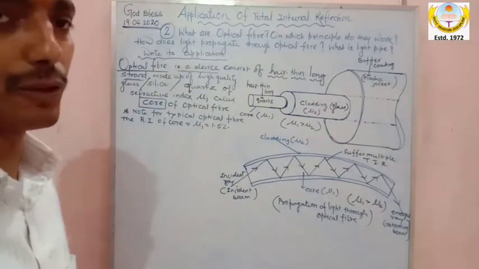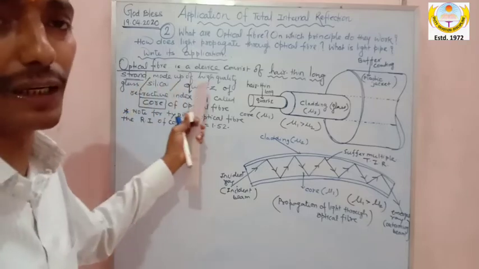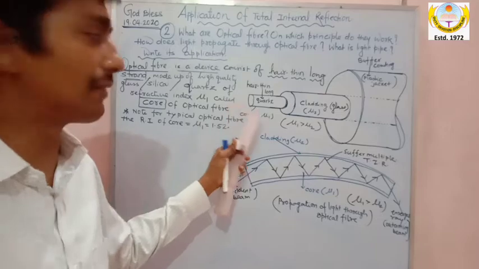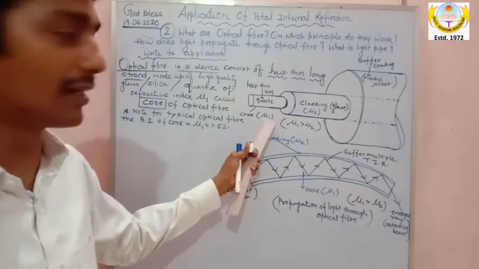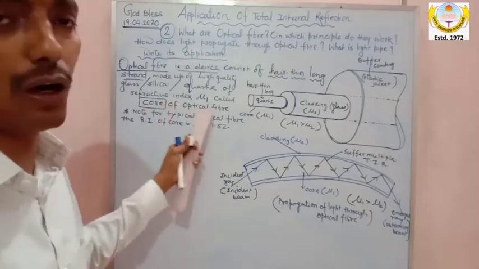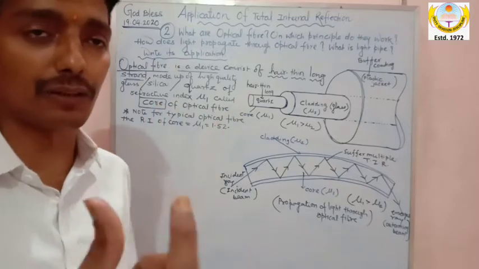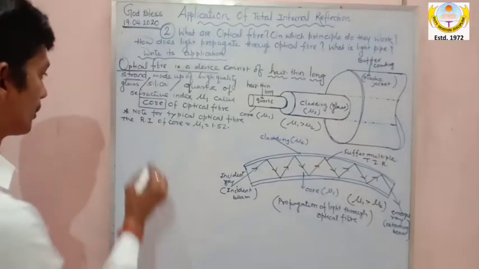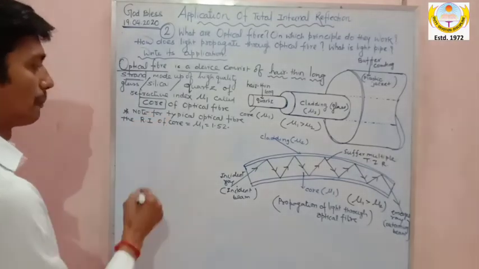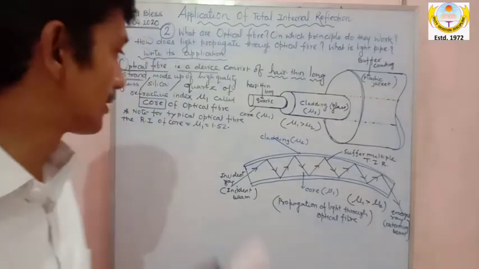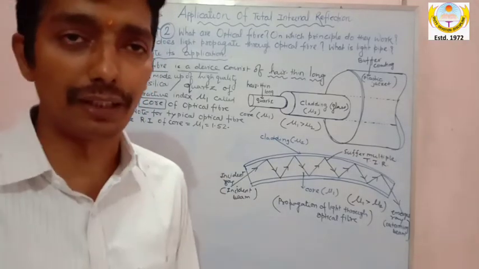Please take care: the core is made up of either glass, silica or quartz, of refractive index mu1 in the figure. This part is called the core of the optical fiber, and for a typical optical fiber, the Ri of the core is 1.52. Because this is all required in MCQ, don't leave the topic.